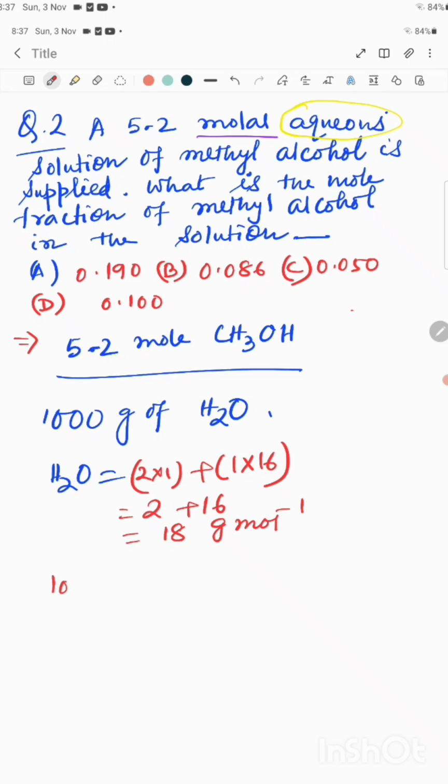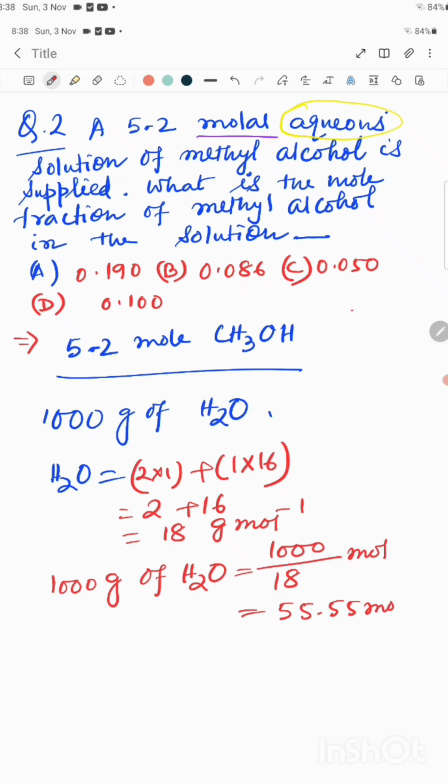So 1000 gram of water means 1000 by 18 mole. What will be the result? It will come 55.55 mole. So now you see, we got the number of mole of water as well as the number of mole of methanol or methyl alcohol.